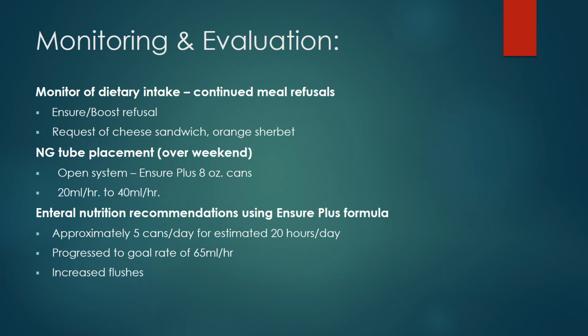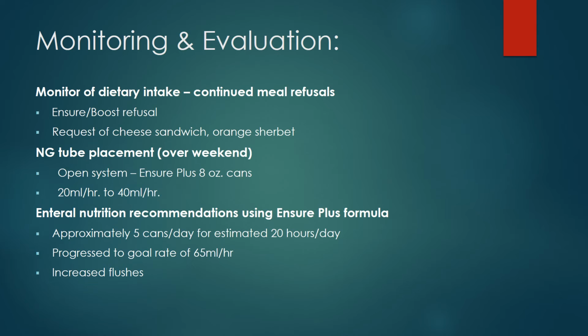An open system using Ensure Plus 8-ounce cans was administered at that point as a go-to for that patient. 20 mL per hour was the initial initiation, so it started very low within the first few hours of her being administered down there, which is recommended with the clinical care guidelines for the critically ill. She then progressed to 40 mL an hour during that period of time with the Ensure.